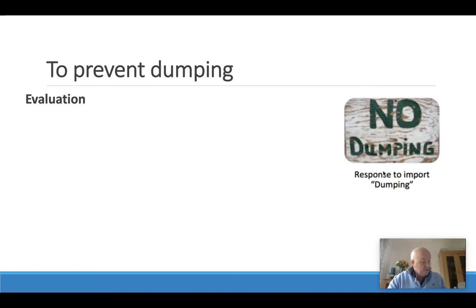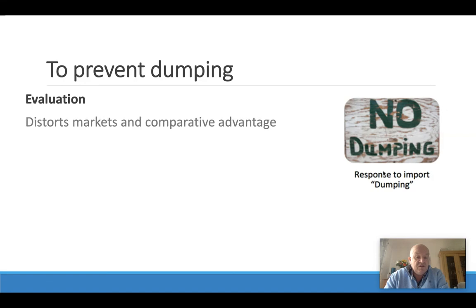To prevent dumping, that's the next. Again, there's a couple of paragraphs on what dumping is and how that can be avoided via the use of protectionist measures. But in terms of evaluation, that's clearly to some degree going to distort markets and any comparative advantage.